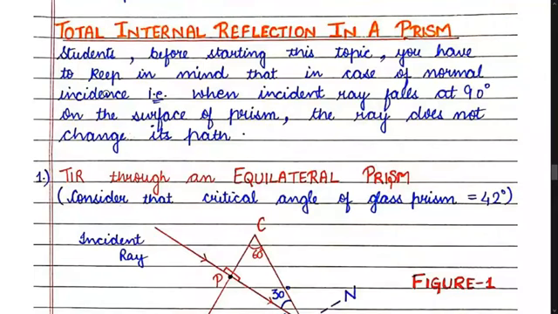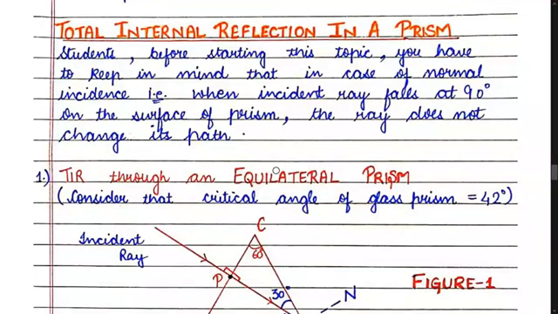Students, before starting this topic, you have to keep in mind that in case of normal incidence, that is, when the incident ray falls at 90 degrees on the surface of the prism, the ray does not change its path.